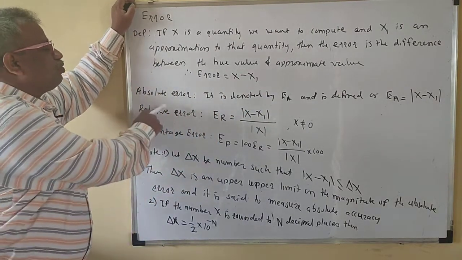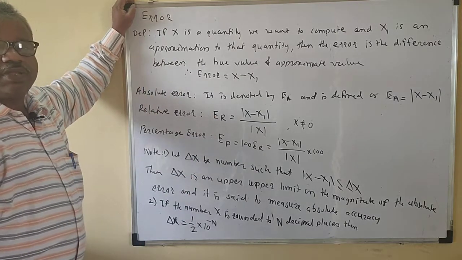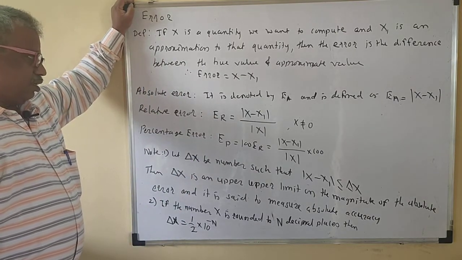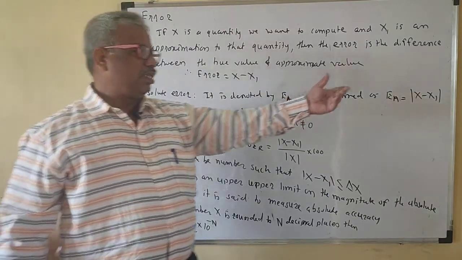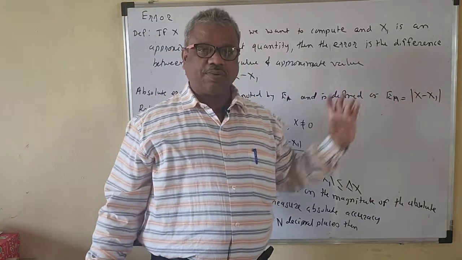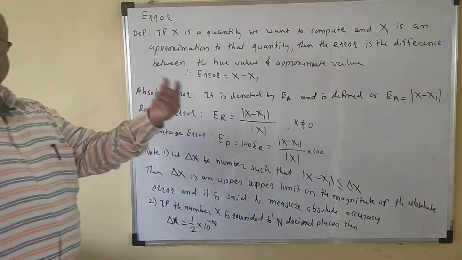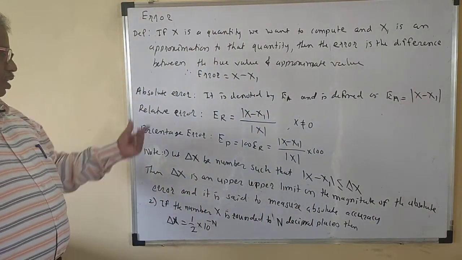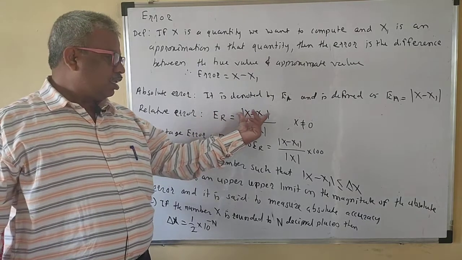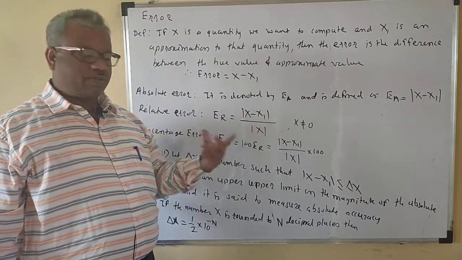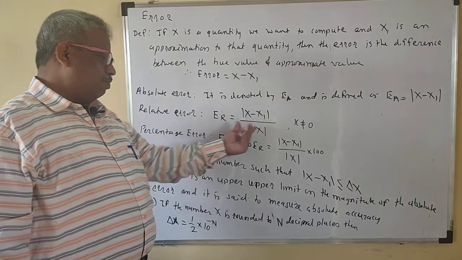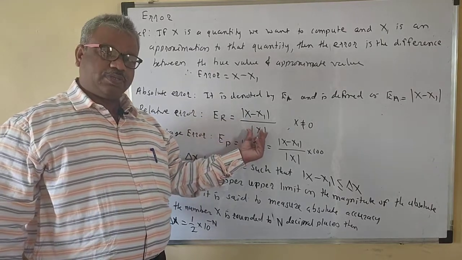Now what do we mean by absolute error? You just have to take the modulus of that. The absolute error is denoted by Ex and it is the modulus of the true value minus the approximate value. Then the relative error is the absolute error divided by the magnitude of the exact value, that is the true value.